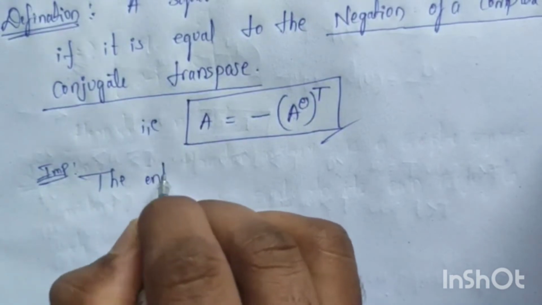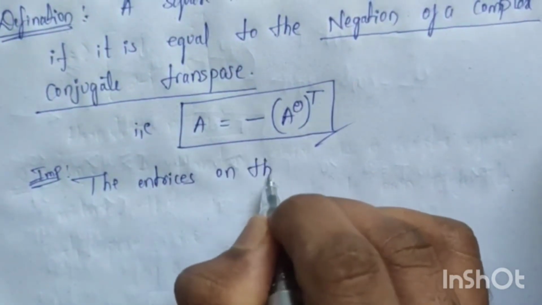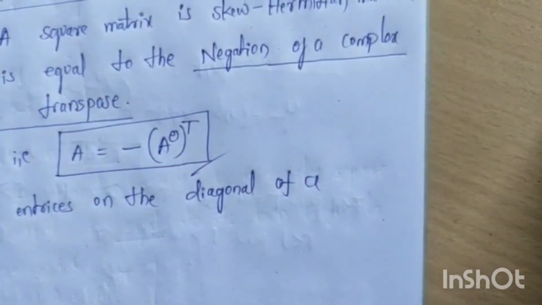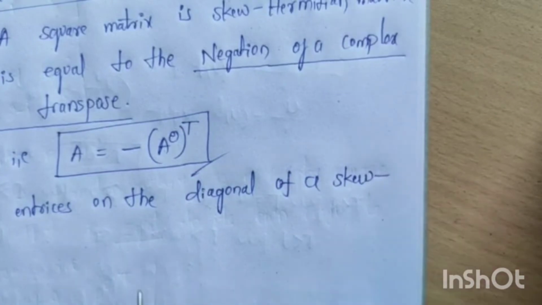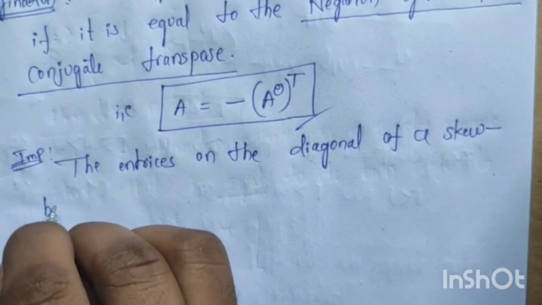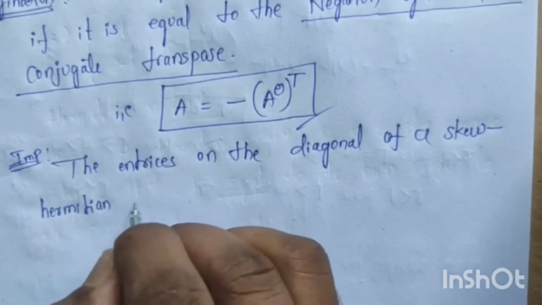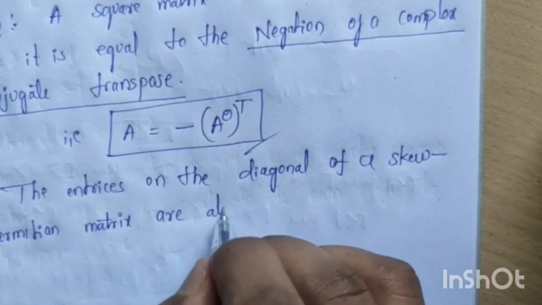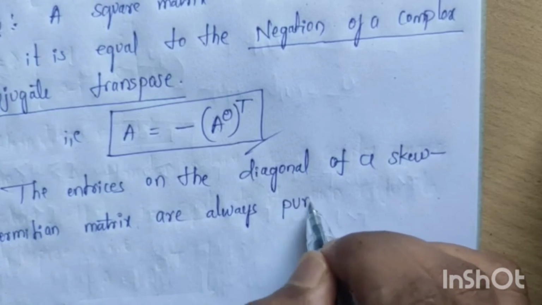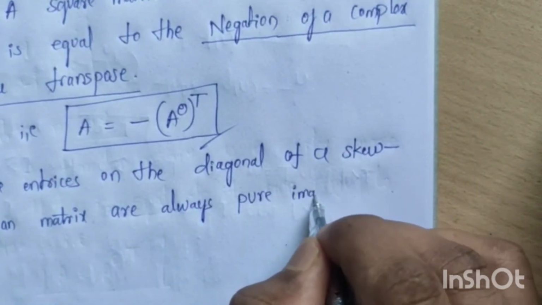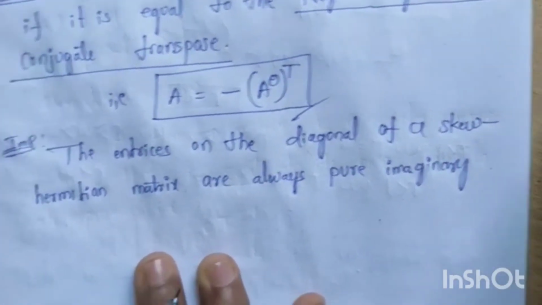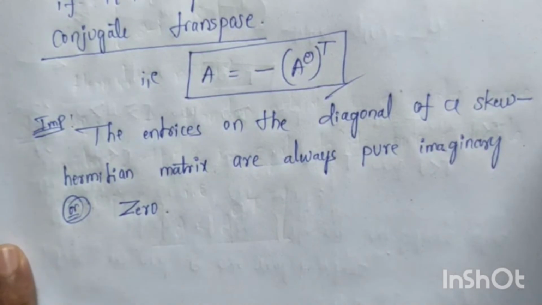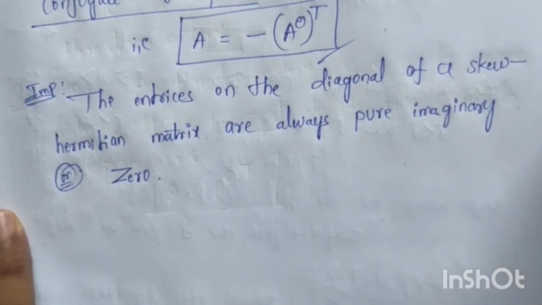The entries on the diagonal of a skew-Hermitian matrix are always pure imaginary or 0.